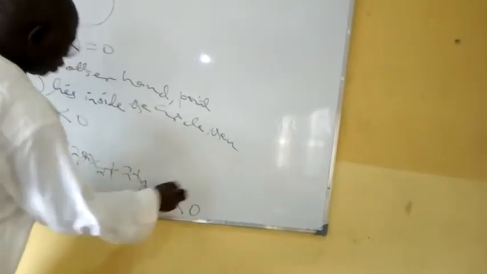So this is the condition for that point Q, whose coordinates are x2, y2, to lie inside the circle.